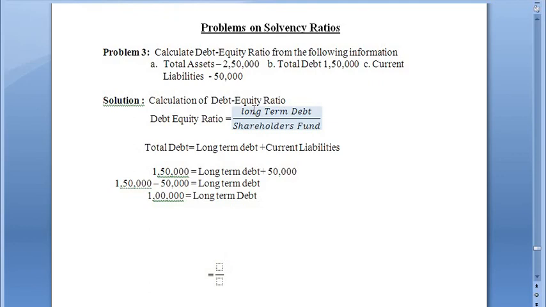So next line, write shareholders fund is equal to total assets minus total liabilities, that is total debt.